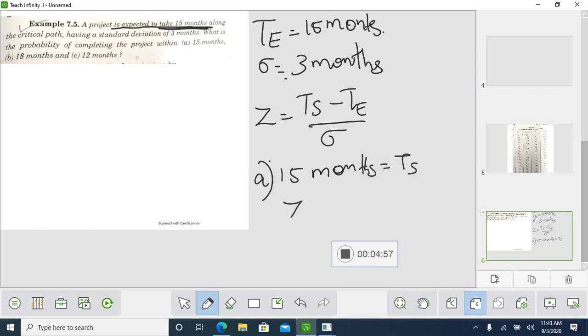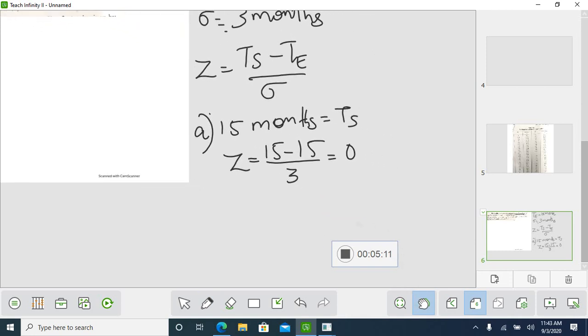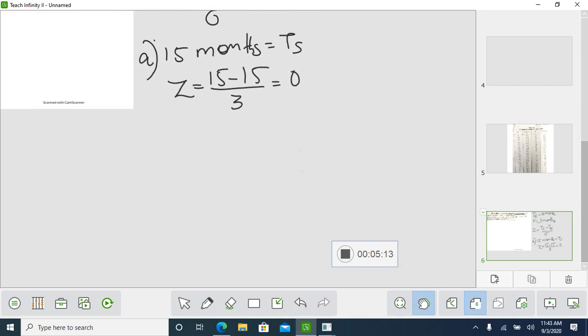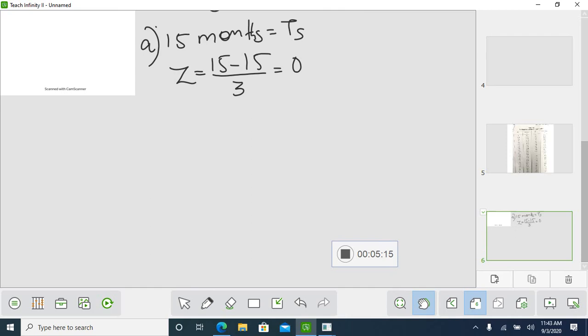Applying the formula, that is 15 minus 15 divided by 3, which is 0. So Z is equal to 0.